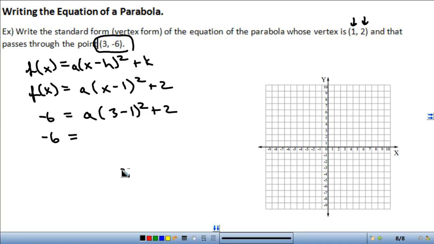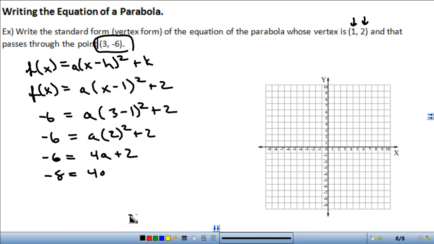So negative 6 equals a times 2 squared plus 2, or negative 6 is equal to 4a plus 2. So if I subtract 2 on both sides, I get negative 8 equals 4a. So a is equal to, in this case, negative 2. So my equation now is f of x is equal to negative 2 times x minus 1 quantity squared plus 2.